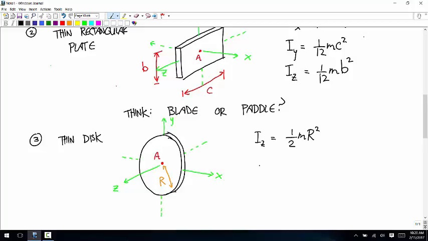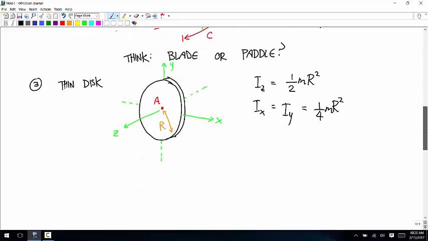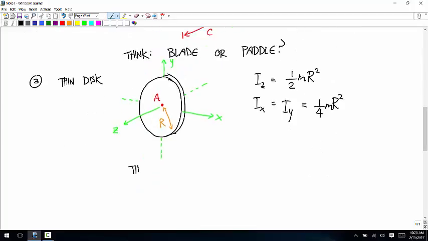And then the moment of inertia about x and the moment of inertia about y are both the same. Those are 1/4 mr squared. And so again, with this one, you need to think, is it a blade or a paddle?